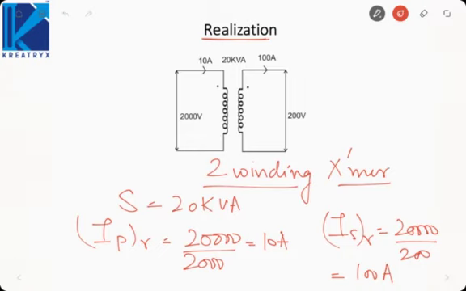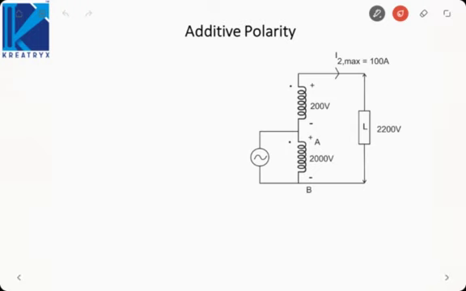The first way is called additive polarity. What do we mean by additive polarity? The windings are connected in such a manner that the voltage across the windings is added. If you see here, the total voltage comes out to be 200 plus 2000, that is 2200. So the windings are connected in additive polarity.